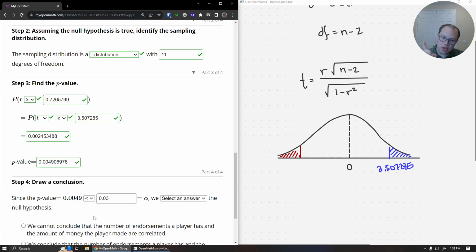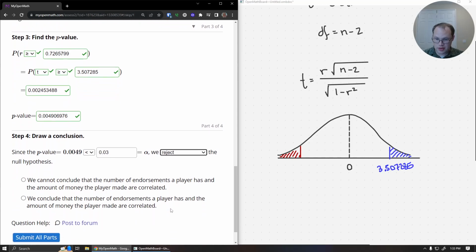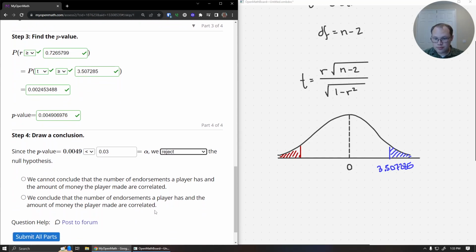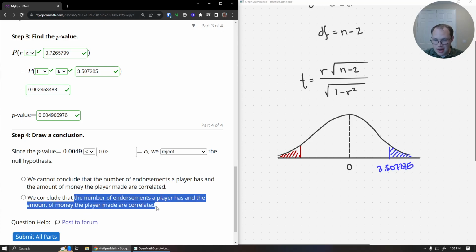When the p-value is smaller than alpha, that's when we reject the null hypothesis and instead accept the alternative hypothesis. The alternative in this case is that the number of endorsements a player has made and the amount of money the player has are correlated.